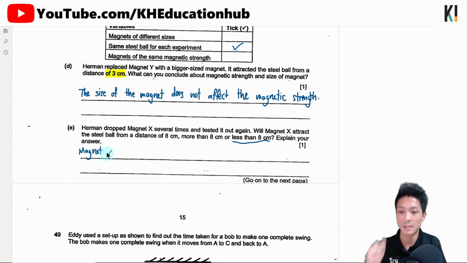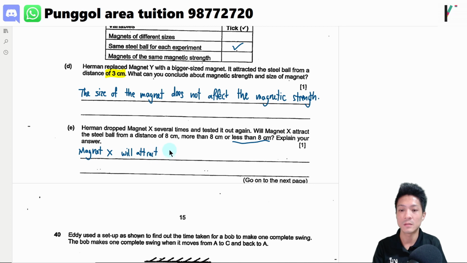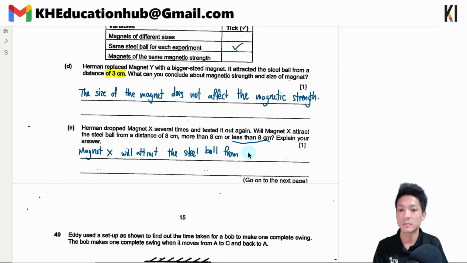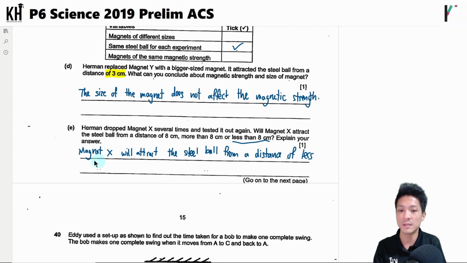Magnet X will attract the steel ball from a distance of less than 8 cm.